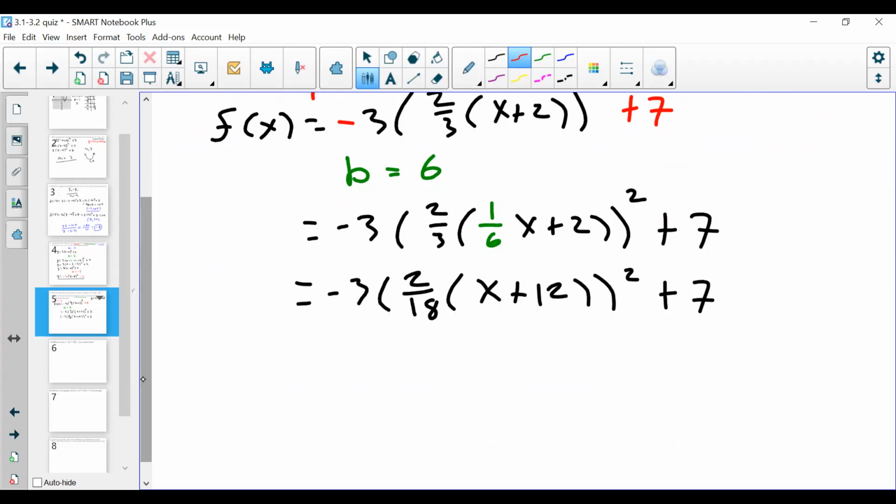So once you put it into the equation, you have to treat it like a regular math problem. I put in 1/6 because you put in 1 over b, right? When I factor out that 1 over 6, I have 2/3 times 1/6, which is 2 over 18. Because I don't want a coefficient in front of x, right? The h is kind of confusing, right? So anytime you factor something out, I'll make a new page.